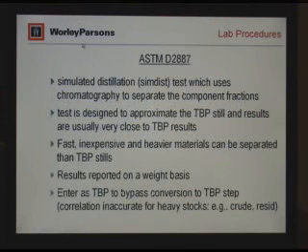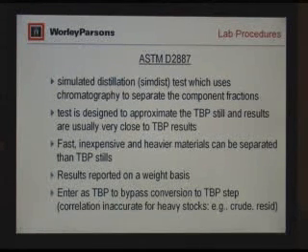Now there is a simulated distillation procedure. It's called ASTM D2887, and it actually uses a chromatograph to separate the components, and it usually is reported in weight fractions, and it approximates the TBP pretty well.